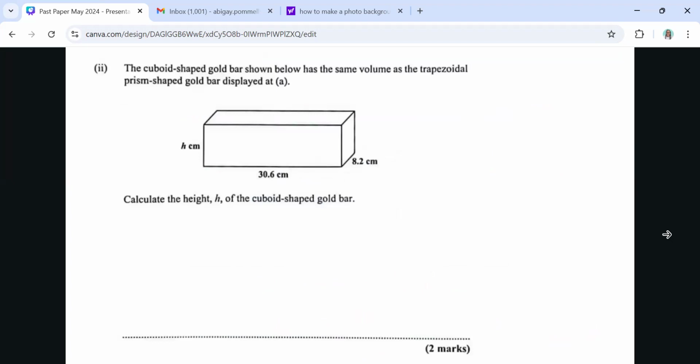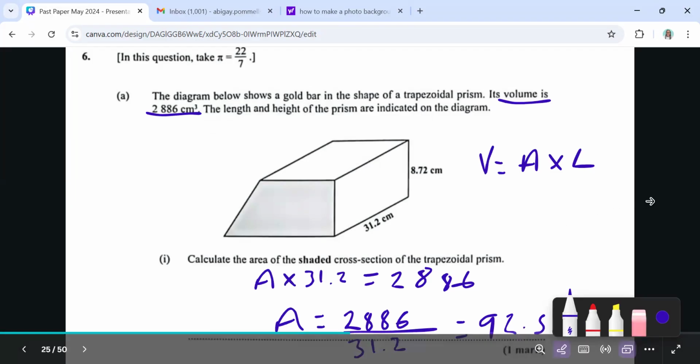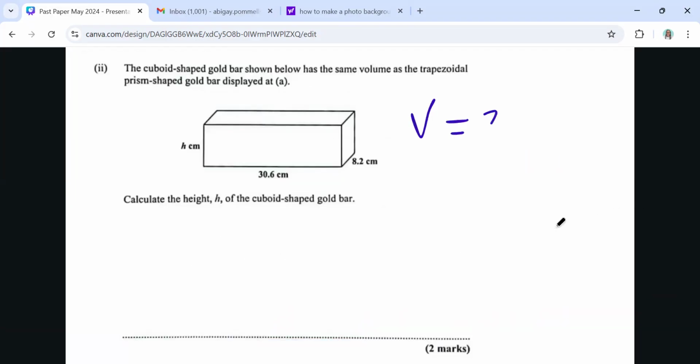All right, next, the cuboid shaped gold bar shown below has the same volume as the trapezoidal prism shaped gold bar displayed at A. So to calculate the height of the cuboid shaped gold bar, let us remember the volume, which was about what? 2886.